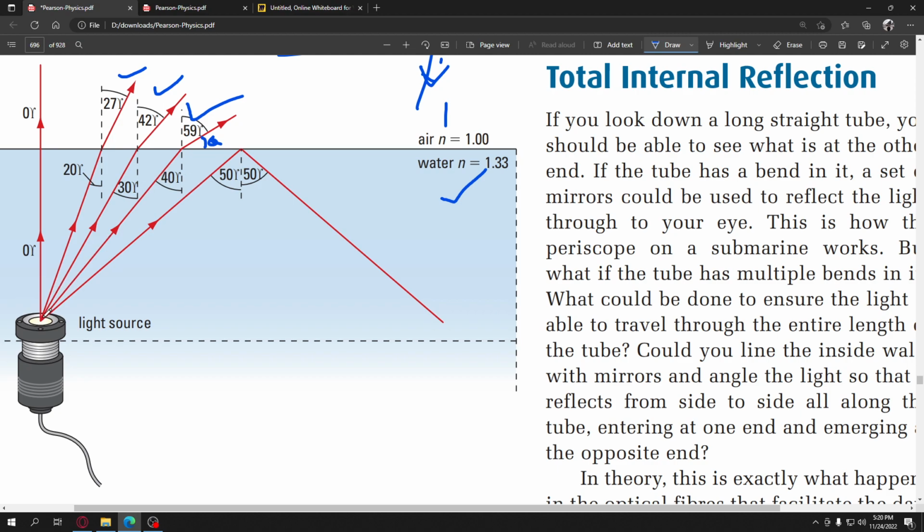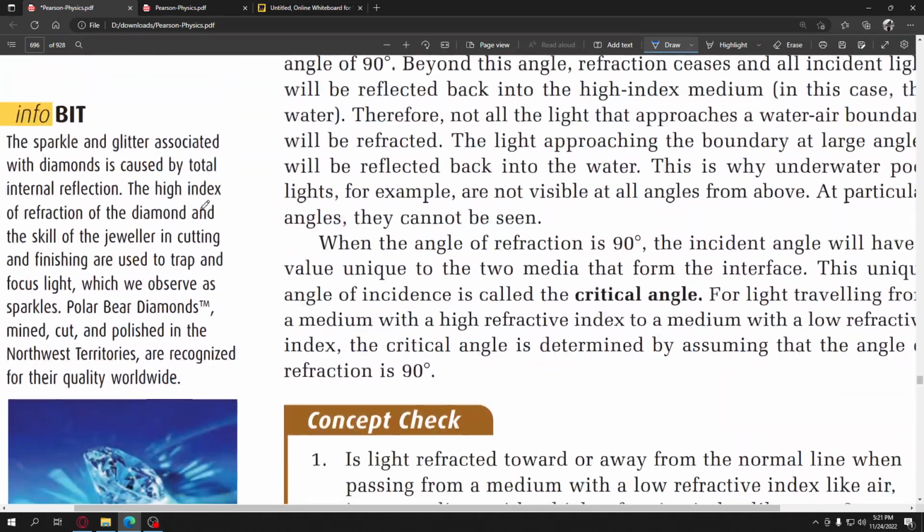If we draw a ray somewhere in between these, where this theta becomes zero, basically the ray skims along the boundary of the two mediums. When this happens, this is known as critical angle. If you go slightly beyond the critical angle, total internal reflection happens. That is known as critical angle.